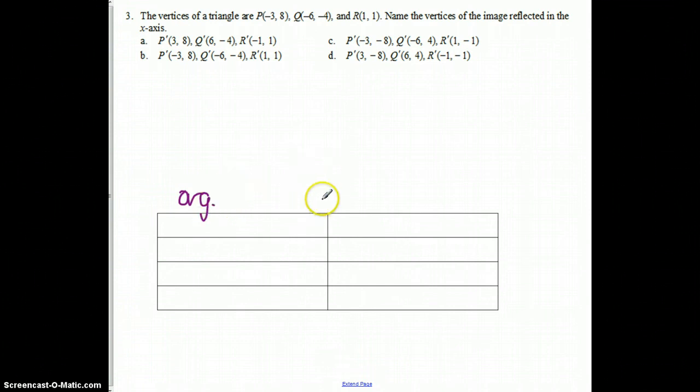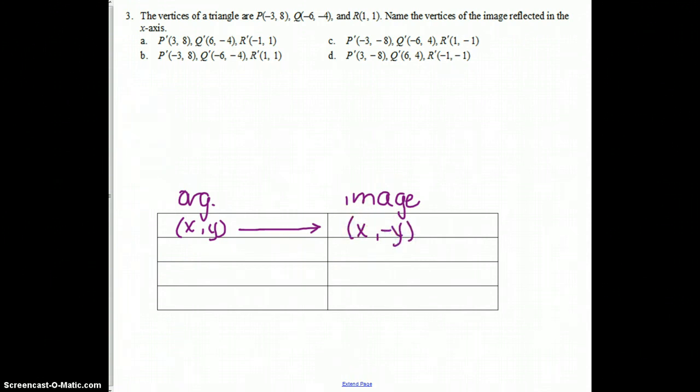Original and image. And if I'm going to be able to reflect over the x-axis, my rule is I start out with (x, y). If it reflects over the x-axis, x stays the same and y becomes opposite.